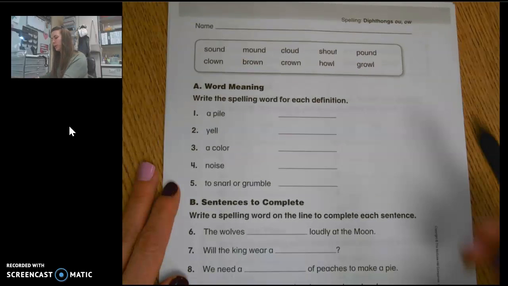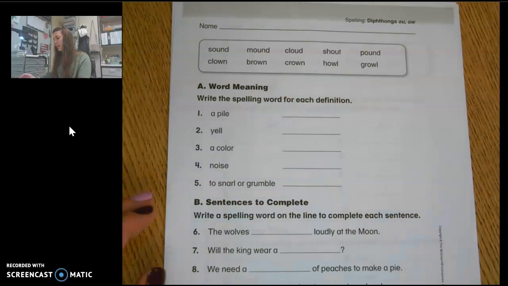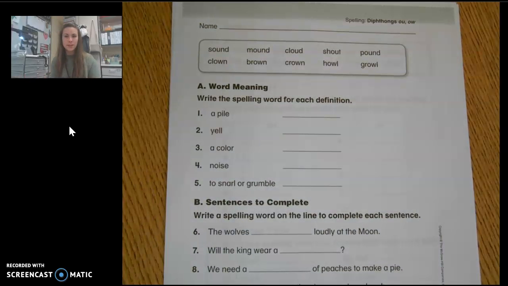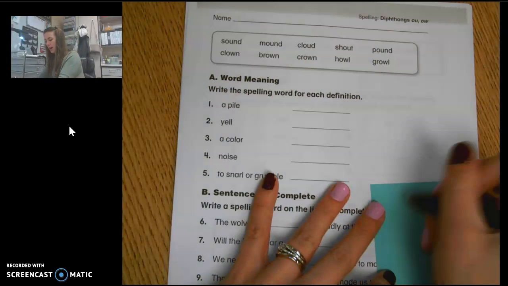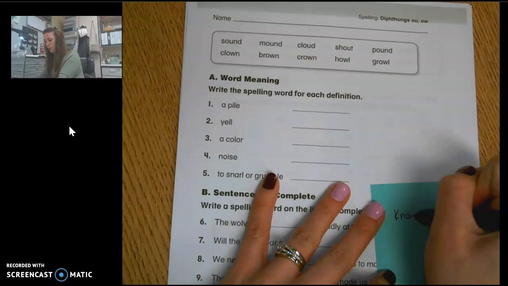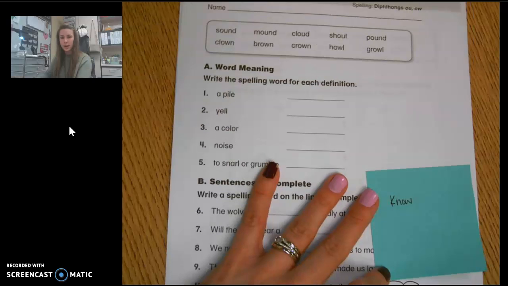So the sounds we're focusing on are OU and OW, and in these cases, that sound makes the ow sound. We know that sometimes OW can make the O sound, like in the word know, meaning I know what you mean. And we see that OW making the O sound.